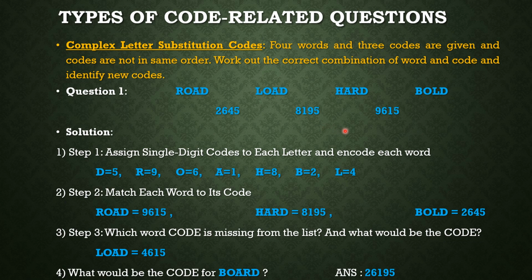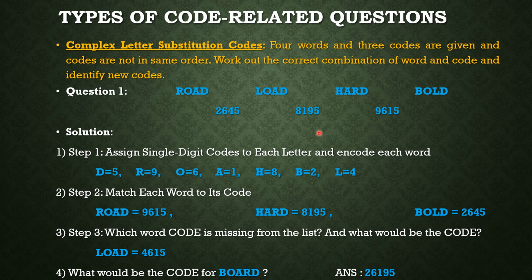Now let's check our assumption further. If we check the alphabet A, which is here at a third position, and in this particular code we have 1 there. If we check in this case, A is coming in a second position, and here in hard A is coming in a second position.